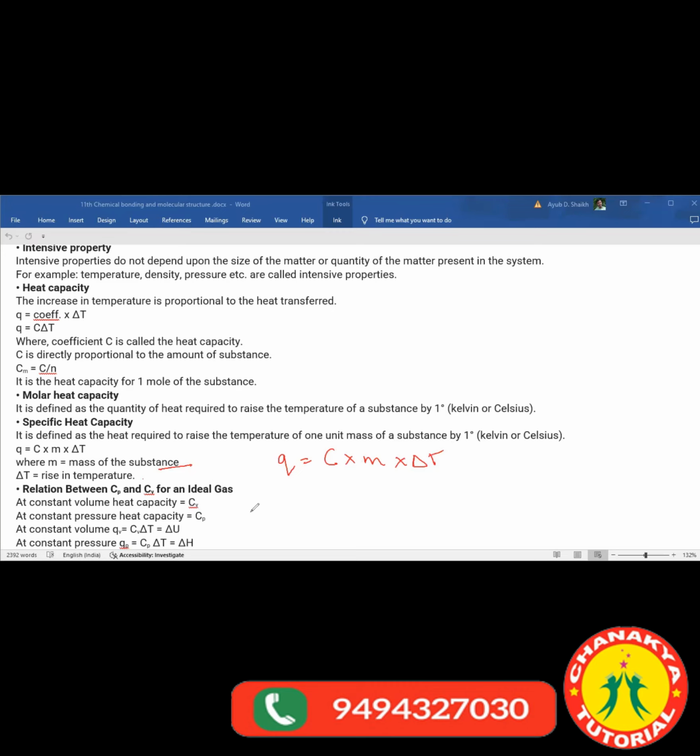By that you are able to calculate the heat. Understood? This is the way by which you are able to calculate using the specific heat capacity.